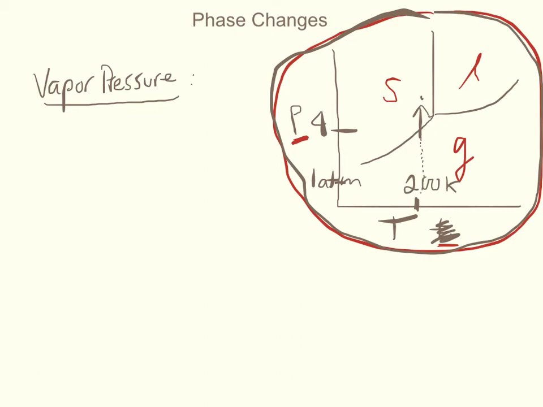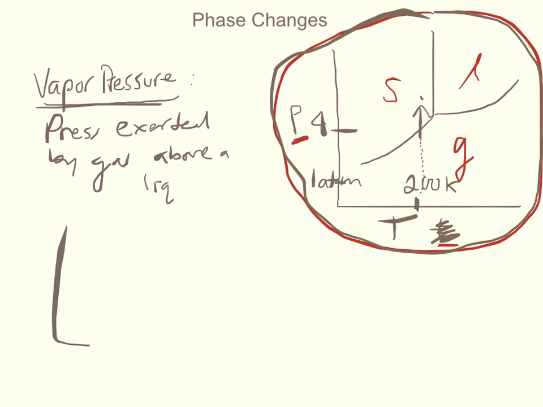One property that compounds have, based on the amount of molecules in the gaseous phase, is the vapor pressure. So this is the pressure exerted by gas molecules above a liquid.